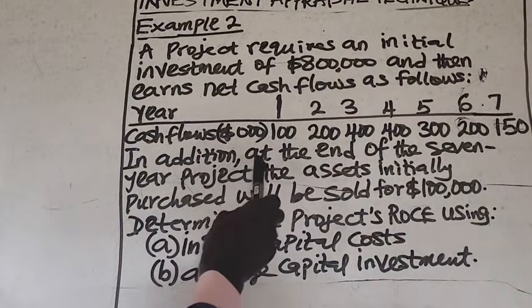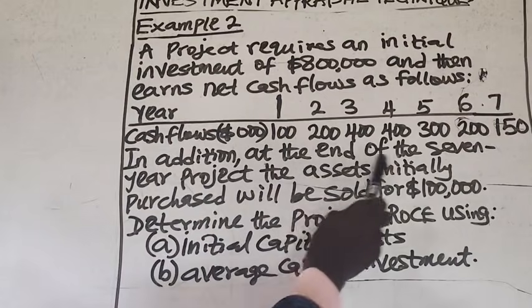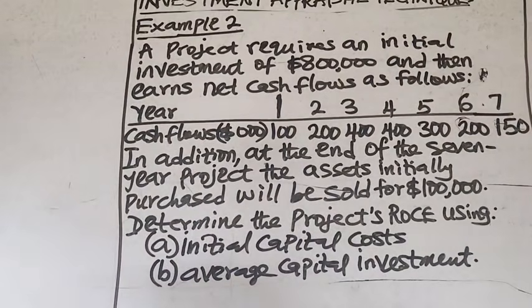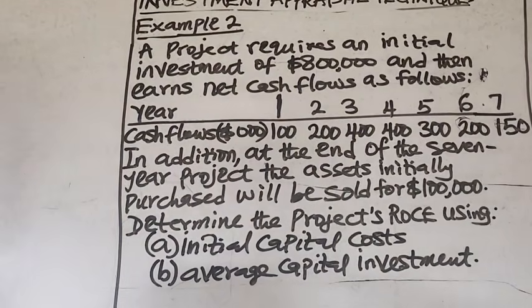In addition, at the end of the 7th year of the project, the asset initially purchased will be sold for $100,000. Determine the project's ROCE using A, initial capital costs, and B, average capital investment. This question is obtained from the Kaplan ACCA study text, financial management.